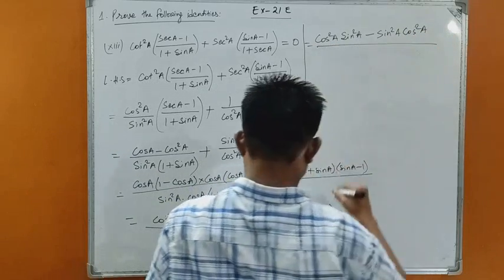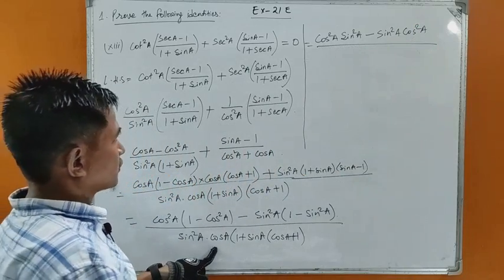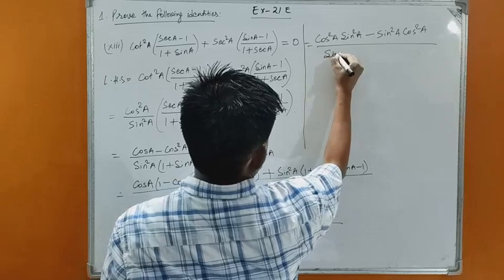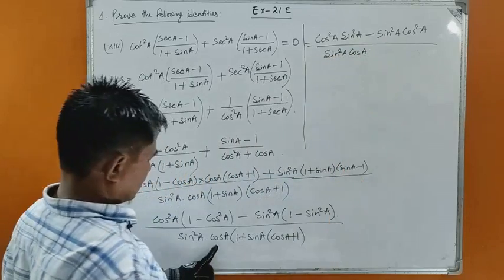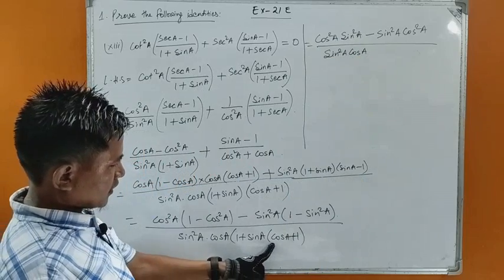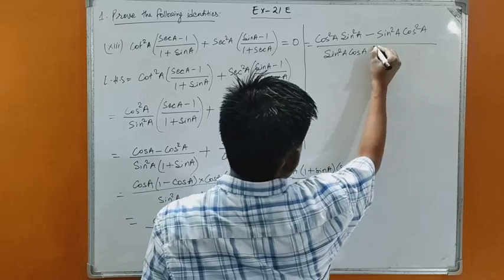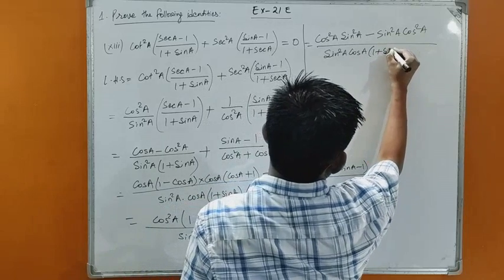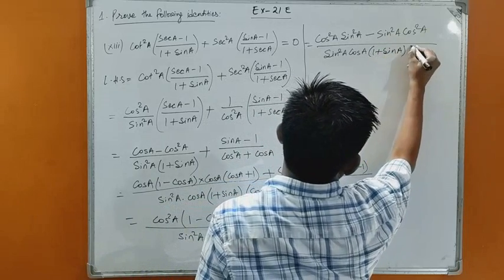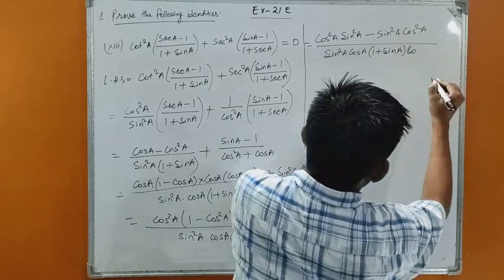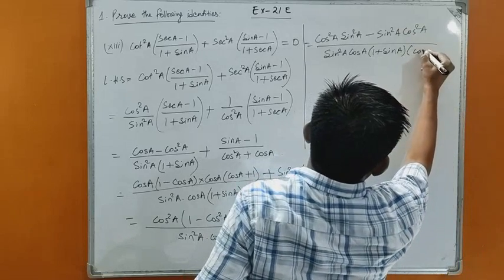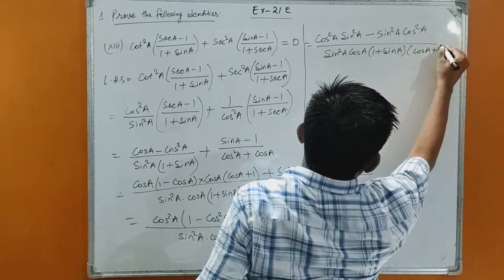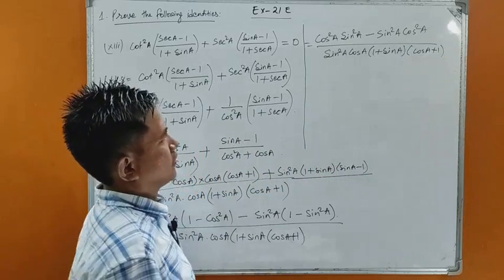And in the denominator we have sin square a, cos a into 1 plus sin a, cos a plus 1, okay, this cos a plus 1.